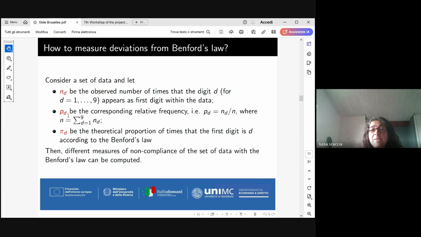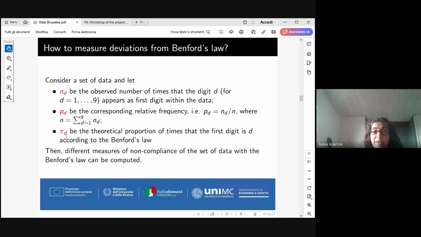PD is the corresponding relative frequency of occurrences. That means the number of occurrences divided by the sample size. And pi d is the theoretical proportion of times that the first digit D is expected to occur according to the Benford law.